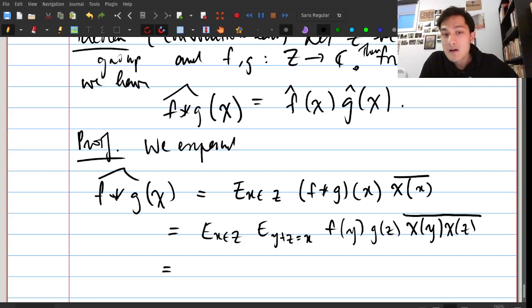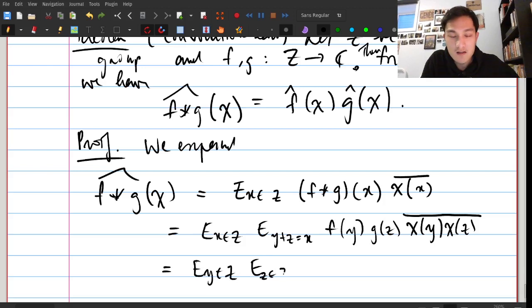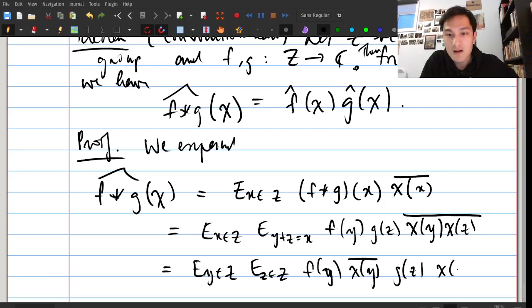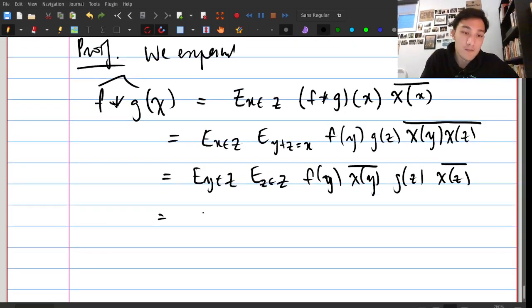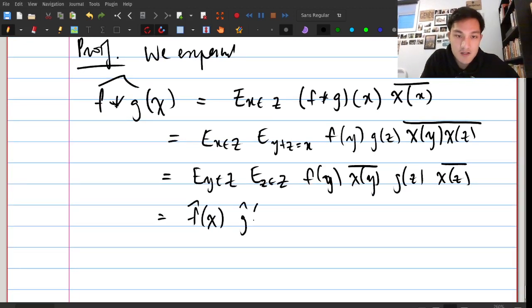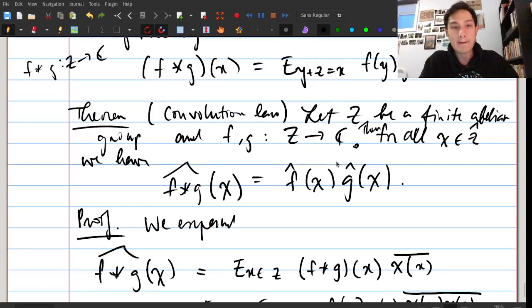Now x no longer shows up in here, so we can just take the sum over all y and z, because y plus z is going to be x for some x. So this is the expectation over y and z of f of y, chi of y bar, times g of z, chi of z bar. And now we see that this is exactly f hat of chi times g hat of chi. So that's pretty easy. That's the convolution law.